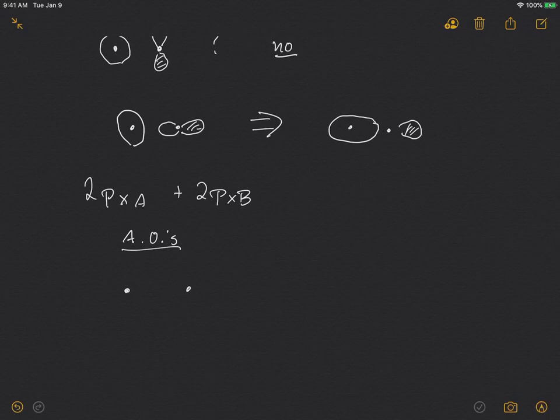If we have this orbital here on A, this orbital here on B, and we combine them, in between the two nuclei, there's going to be some cancellation of charge. And so the resulting molecular orbital is going to reflect that.